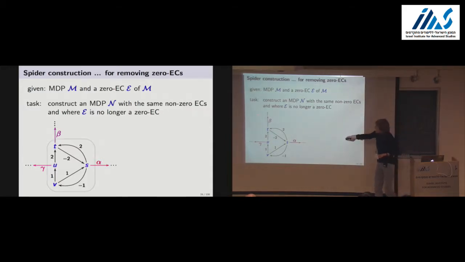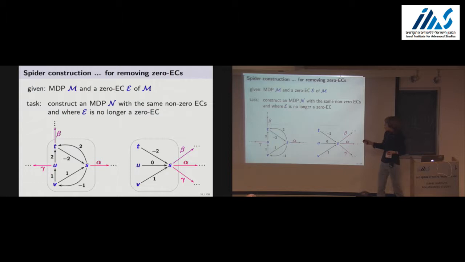If you look closely at this area, whenever you take a cycle, say T, S, T, the weight is -2 plus 2, which is 0. Or go from V to U to T: here we earn reward 3, then -2 and -1, so we also get 0. What is a trivial observation about such 0 ECs? Whenever you pick 2 states, every path has the same weight.